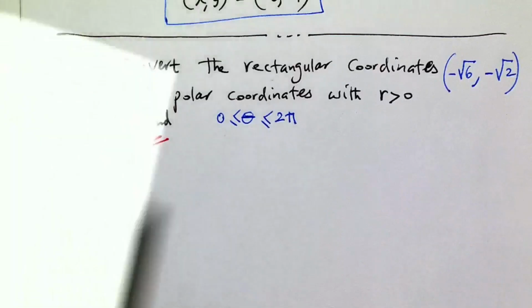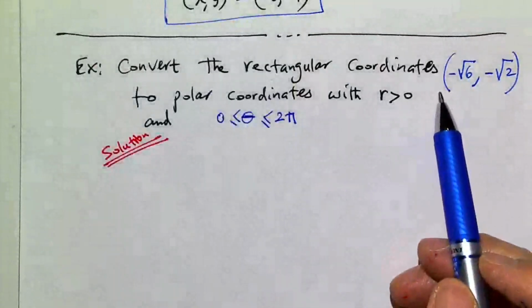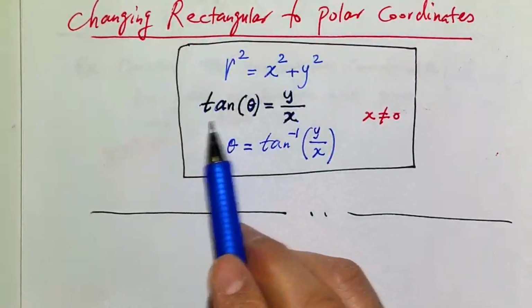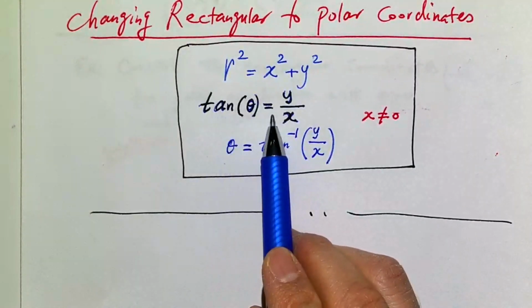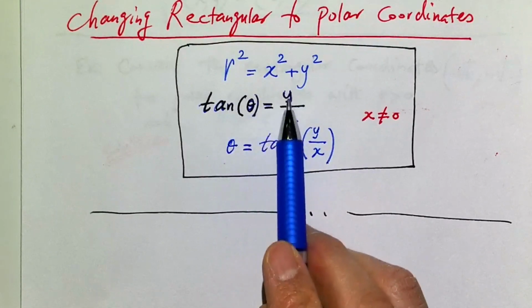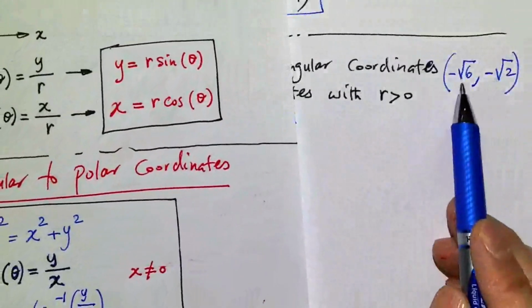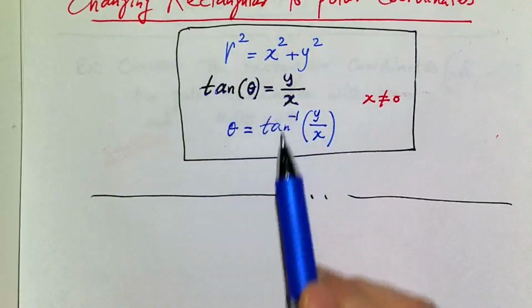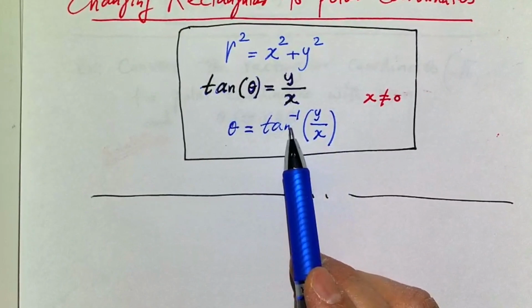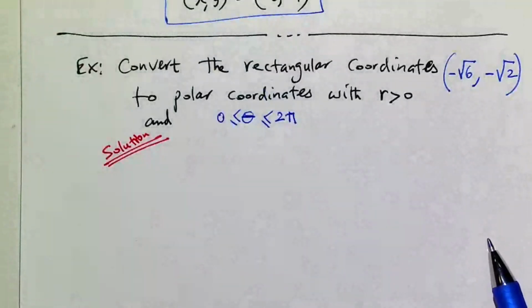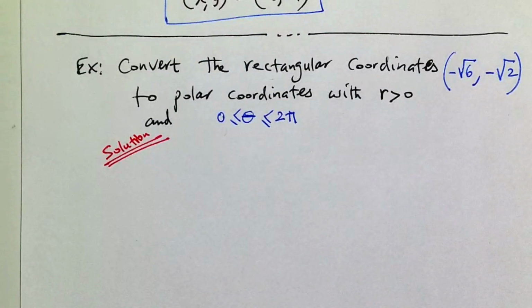And then theta would be also pretty straightforward using this formula. We will first use this intermediary formula. So this would be tangent of theta equaling y divided by x, and then take the inverse tangent of that to find theta. Okay? So let's do that.